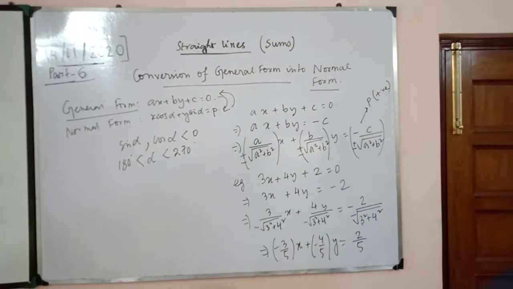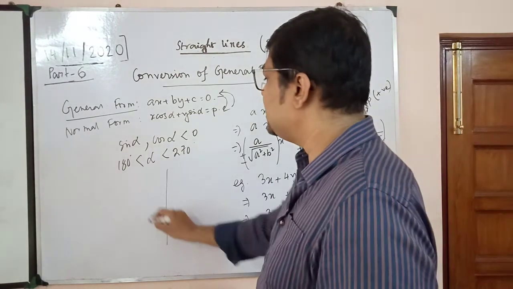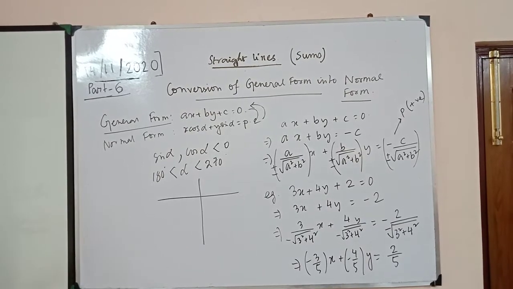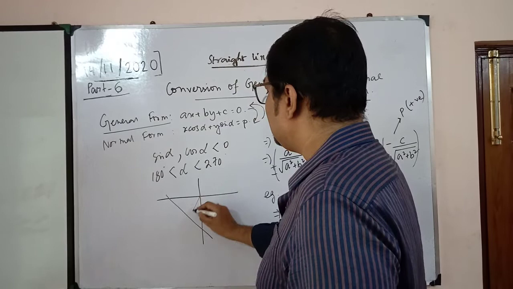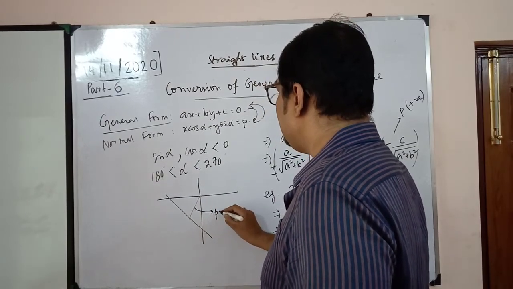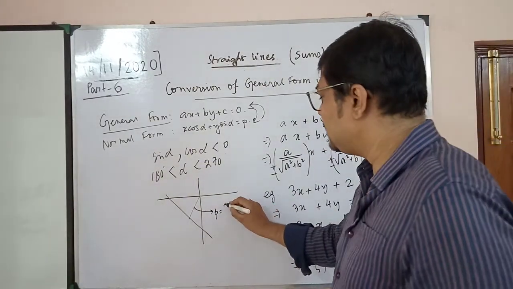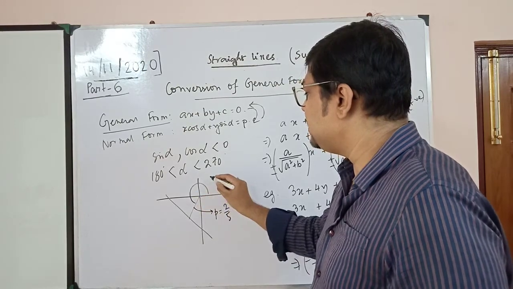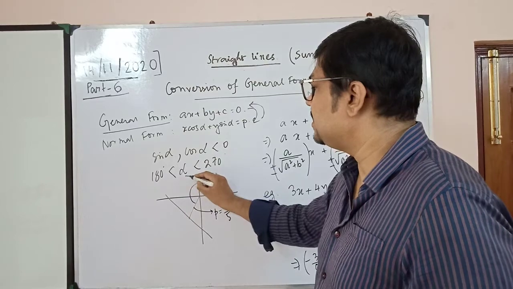Okay. So how can this kind of line be drawn? It will look somehow like this. The line will look like this. Why so? Because look at this. If this is the perpendicular small p with a value of 2 by 5 and the angle is this, which is alpha, and alpha is in third quadrant.